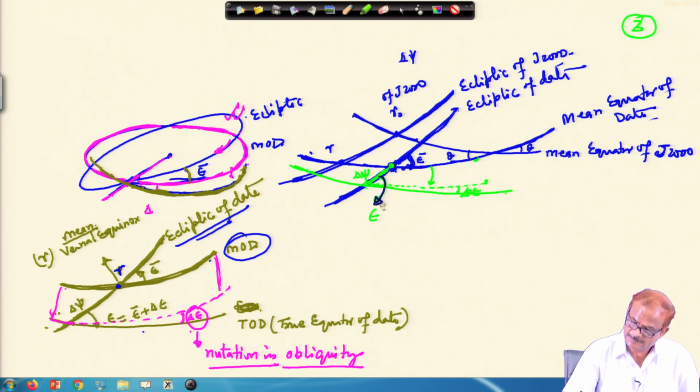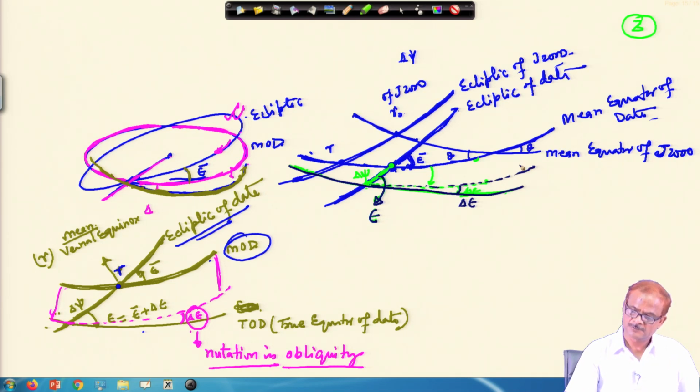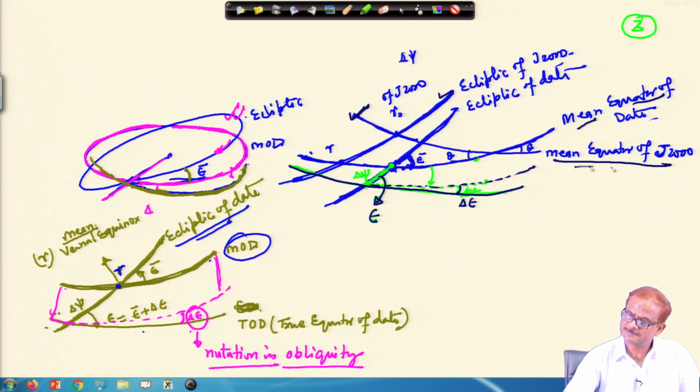We make it a little darker. All the three, nutation and precession, are combined together. So, we started with the ecliptic of J2000 and the equator of J2000, as it is written here in this place.